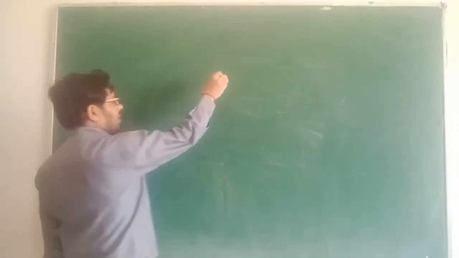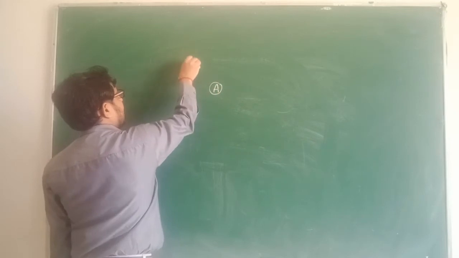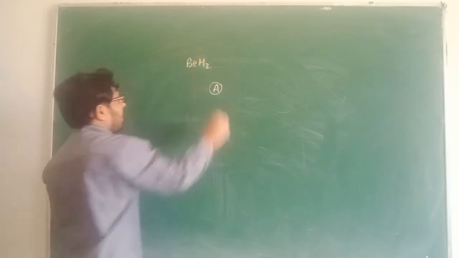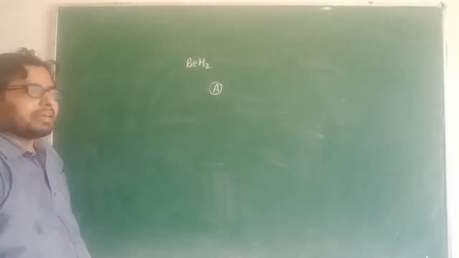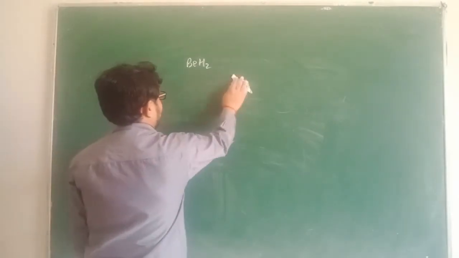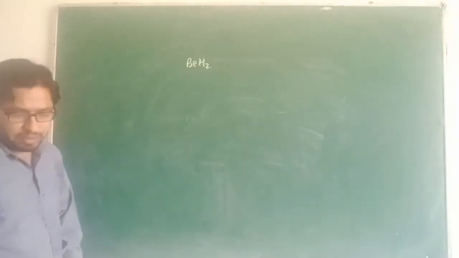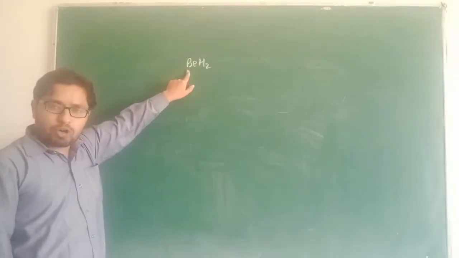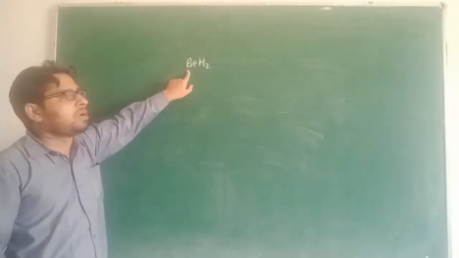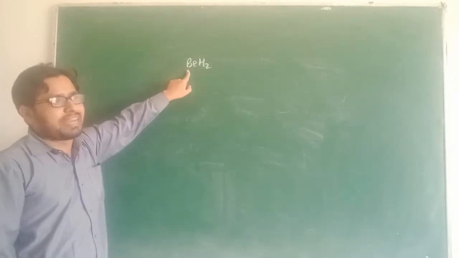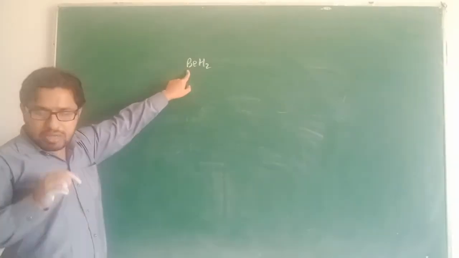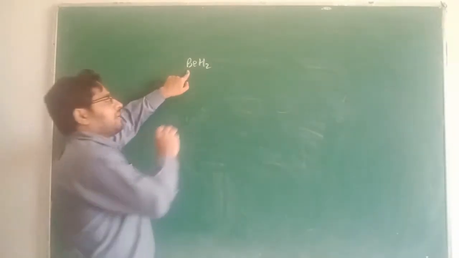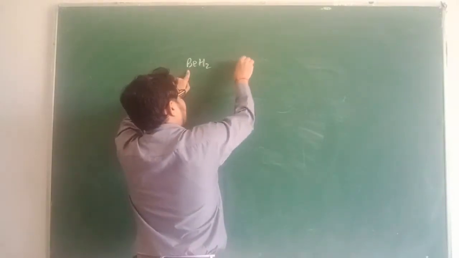Suppose I have the example of BeH2. This is BeH2, beryllium hydride. So the central atom here is Be. Whatever formula I have told you, if you go according to that formula to find out the hybridization, check what I have told you.